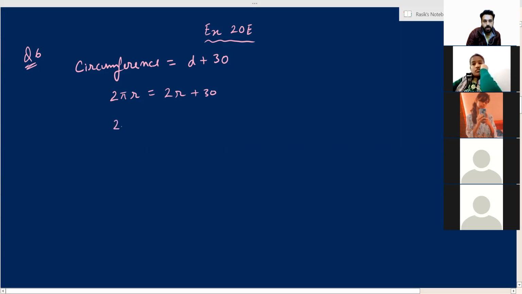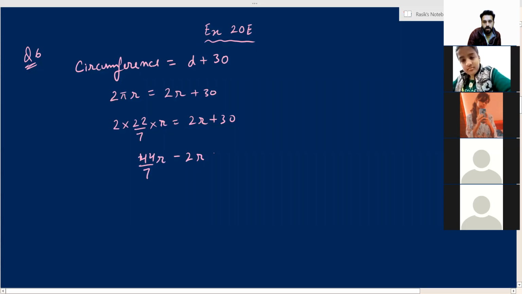So now put the value of pi, 22 upon 7, into r, is equal to 2r plus 30. So 2 into 22 is 44. 44 upon 7 r minus 2r is equal to 30. Here the denominator is 1. So taking LCM, 7 is the LCM. 44r minus 14r is equal to 30.